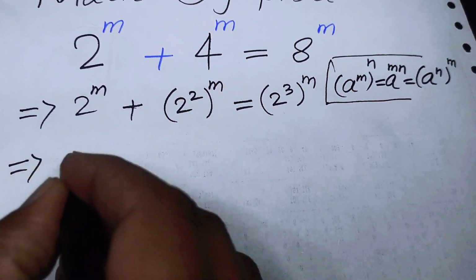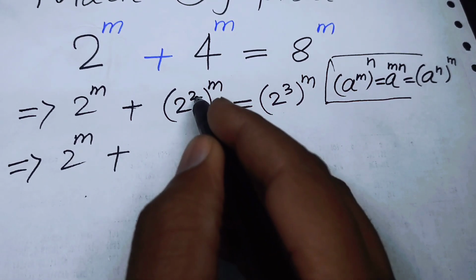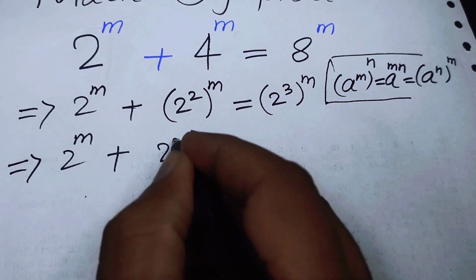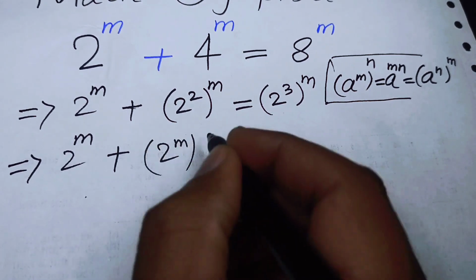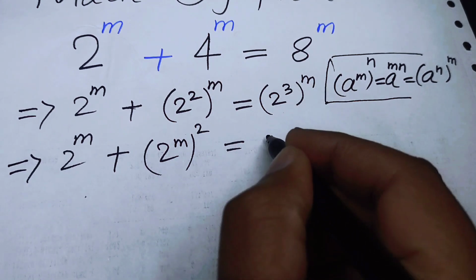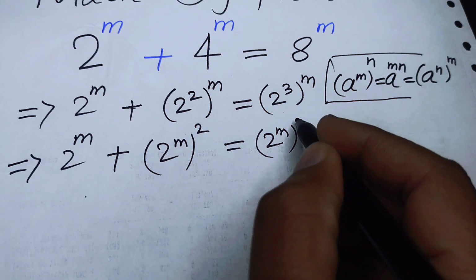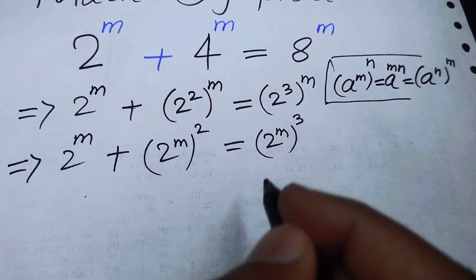Therefore we have 2 to the power of m, plus here we can interchange the exponents, then we will obtain 2 to the power of m to the power of 2, is equal to, here we can interchange its exponents and we will obtain 2 to the power of m and whole cube.